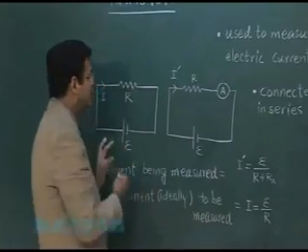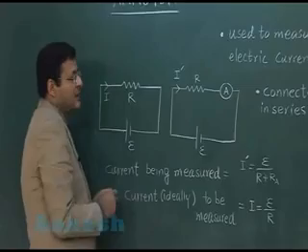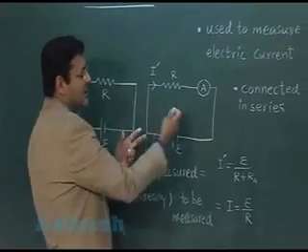You can clearly see from the circuit that current E by R was to be measured, but current actually being measured is slightly less.